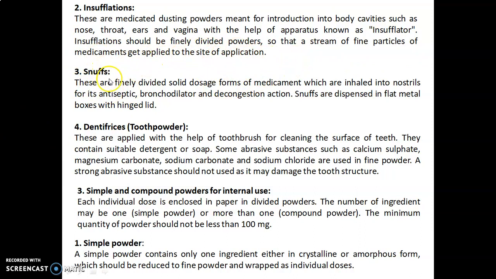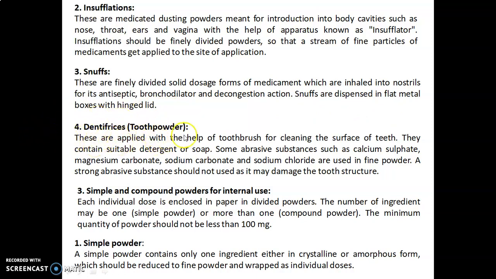Snuffs: these are finely divided solid dosage forms of medicament which are inhaled into the nostrils for their antiseptic, bronchodilator and decongestant action. Snuffs are dispensed in flat metal boxes with a hinged lid. Then next, the fourth class, that is dentifrices, which are tooth powders.